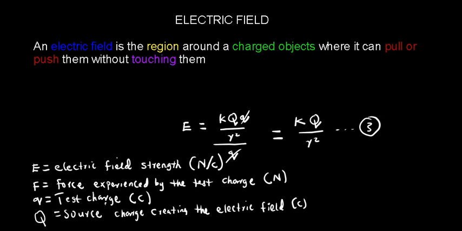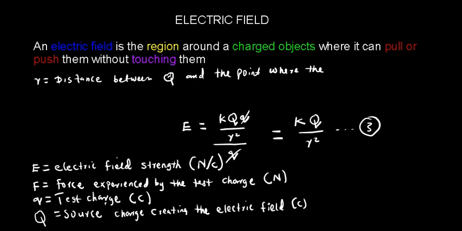R is the distance between the big Q, that's the big charge, and the point where the field is measured.